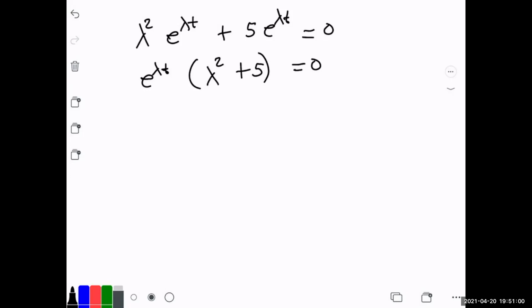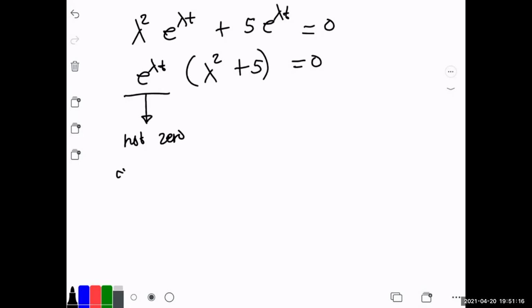We know that e to the lambda t will not be 0 for any finite lambda, but this part could equal 0. So let's equate this to 0: lambda squared plus 5 equals 0.